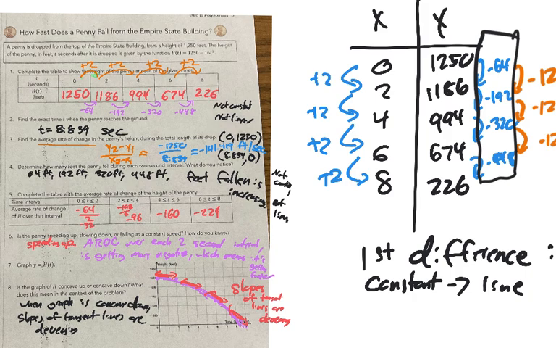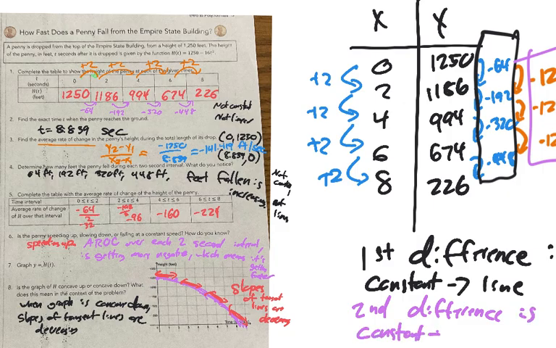But it wasn't this time. What was the same was the second difference. The second difference is constant. What's that going to be? A parabola, a quadratic, let's go degree 2 polynomial.